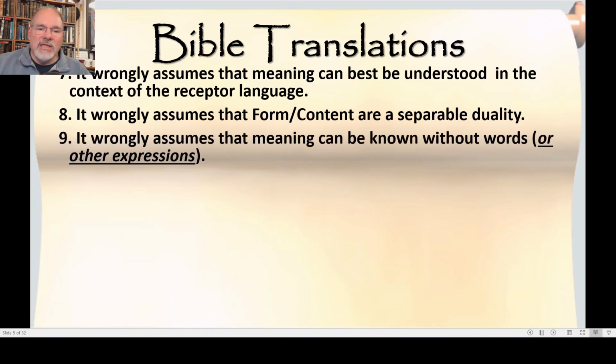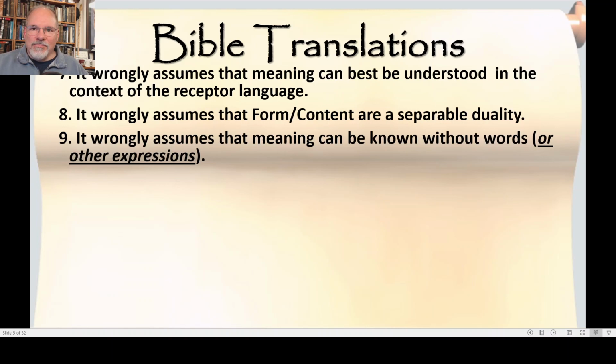It wrongly assumes that meaning can be known without words or other expressions. And again, I don't know how they come to a conclusion like this, because they're actually learning what the meaning is, even if they're going to make an interpretation based on the actual words.